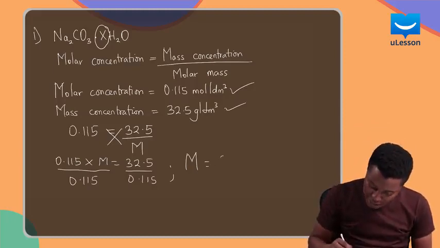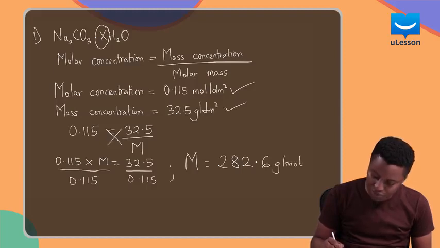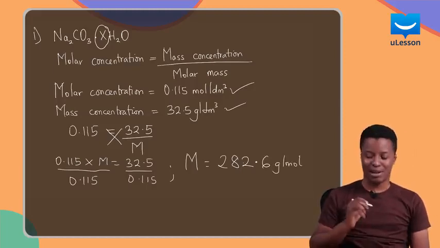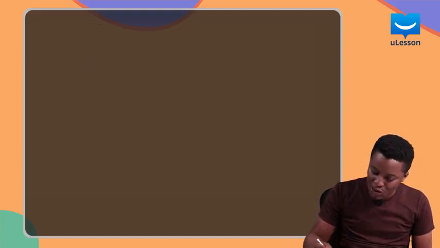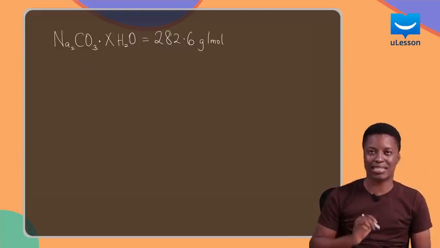So we have the molar mass of the base to be 282.6 grams per mole. Now, that's not the end. We still have to find the value of X.